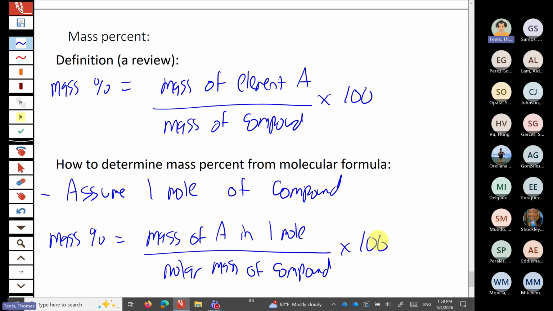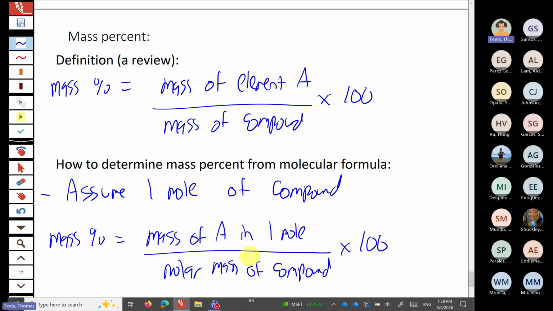And then multiply by 100 to get it to a percent. We'll do example problems so you'll see it. But this numerator is basically just, when we're calculating the molar mass, the contribution that comes from that individual element, which is, again, the number of moles of element in that compound multiplied by its atomic mass, and then divided by the entire molar mass for the whole compound.